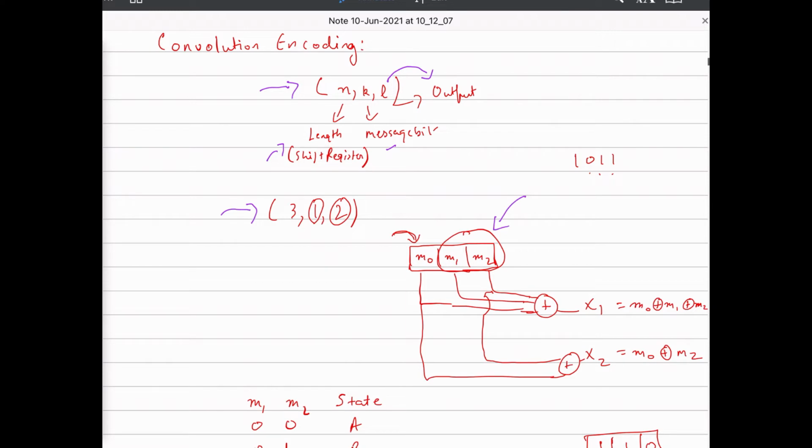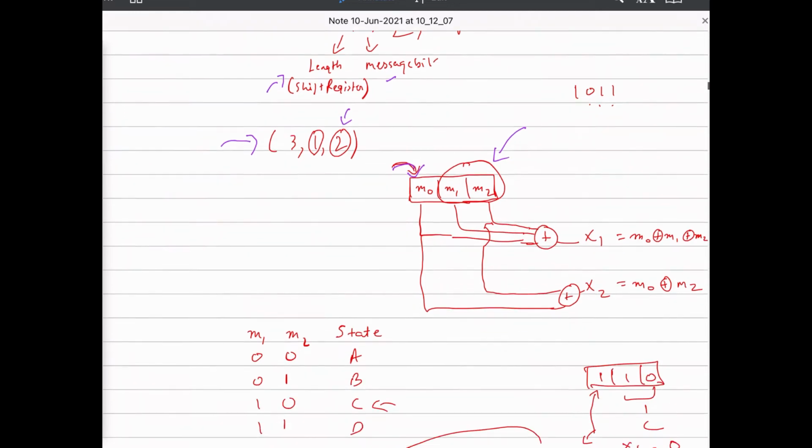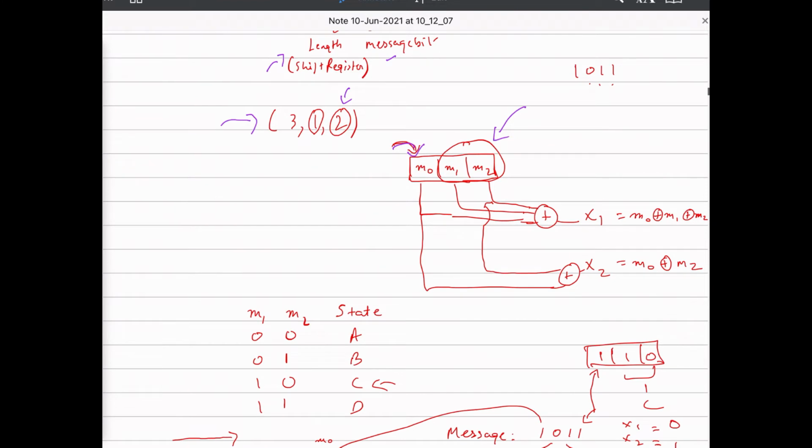That is the constraint length. K is 1, so we consider 1 bit at a time of the entire message, denoted here by m0. And then we have 2 as L, that means we have two outputs, which we are going to denote by x1 and x2.